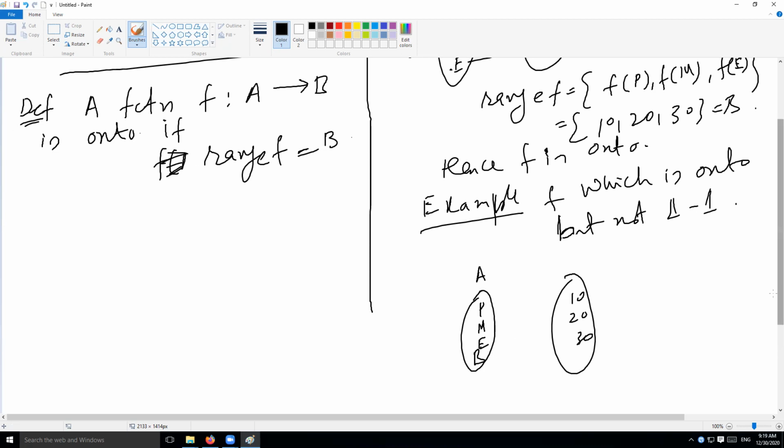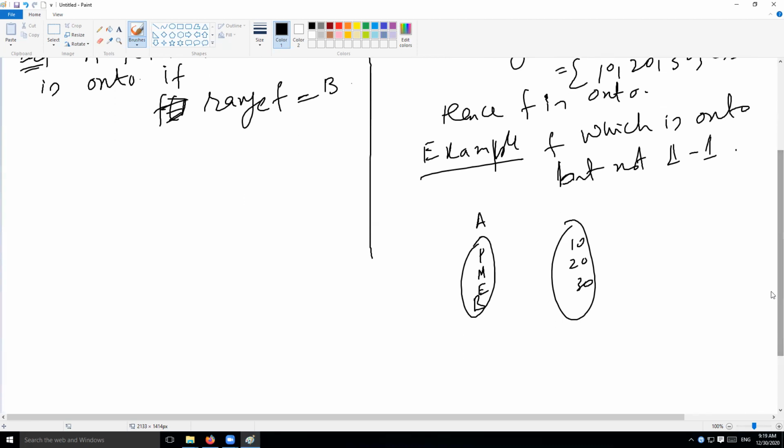One thing that you can interestingly observe is that in order to make a function, I have to give P some value, M some value, E some value, but I also have to give B some value. So let's assign B to 30. Now this function is onto because all elements in the codomain have some preimage.